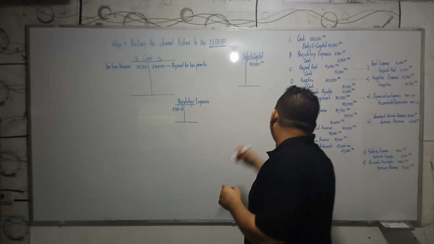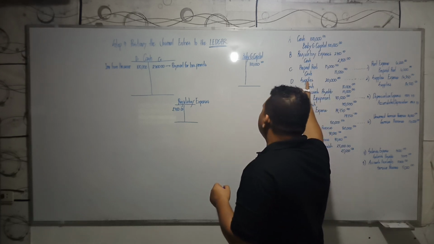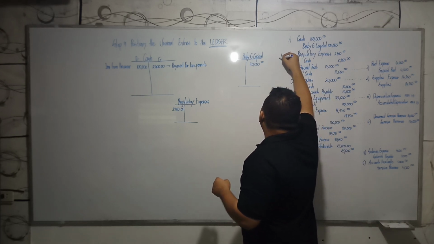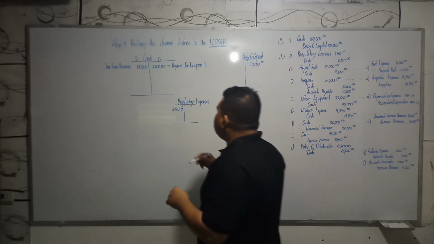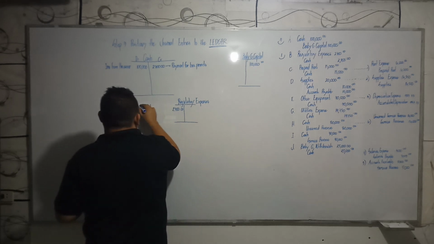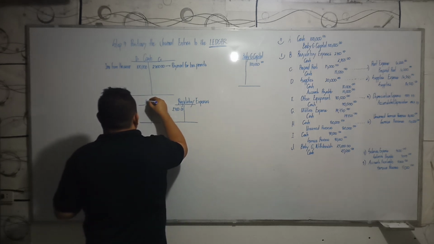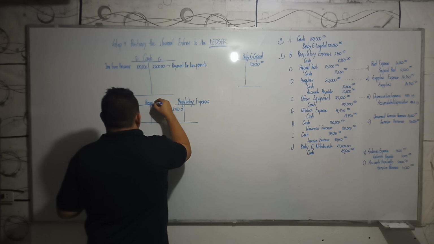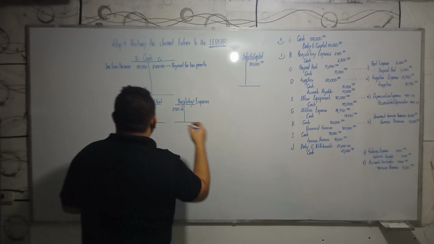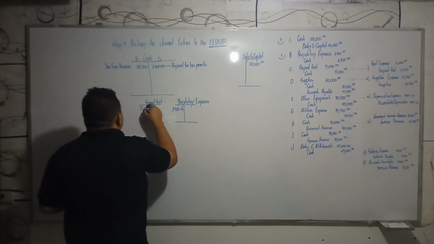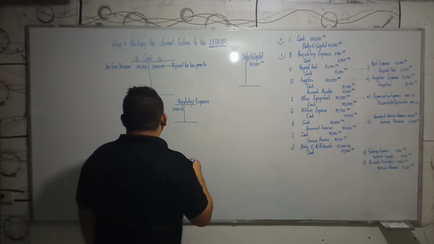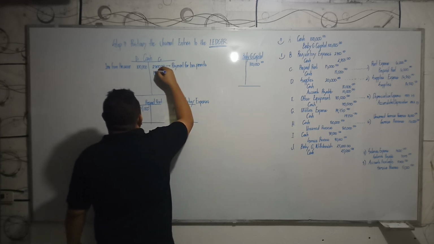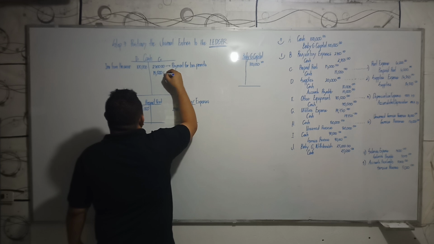Next, we have prepaid rent since we're already through with letter B. Okay? We have prepaid rent, 15,000. That is an asset, of course. You have to put it on the debit, 15,000. And then we have credit cash, 15,000. So again, we have to put right here 15,000.